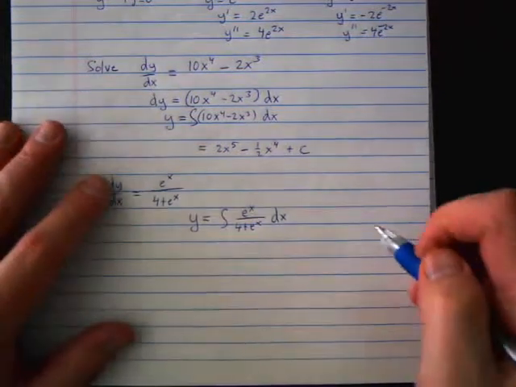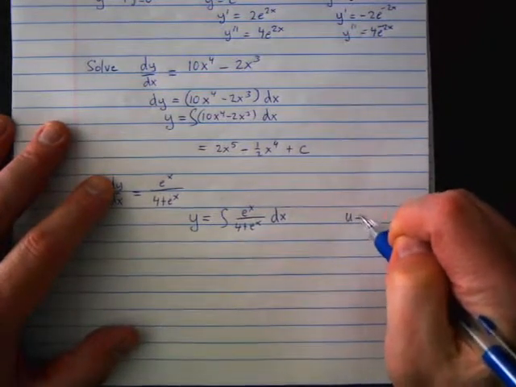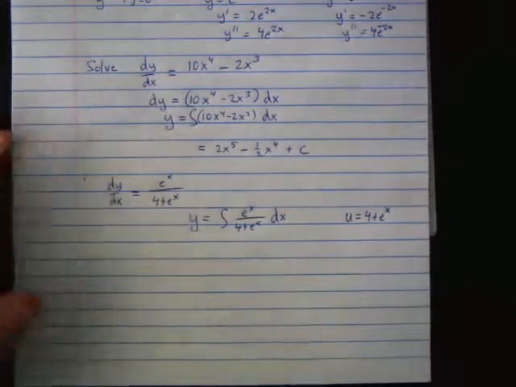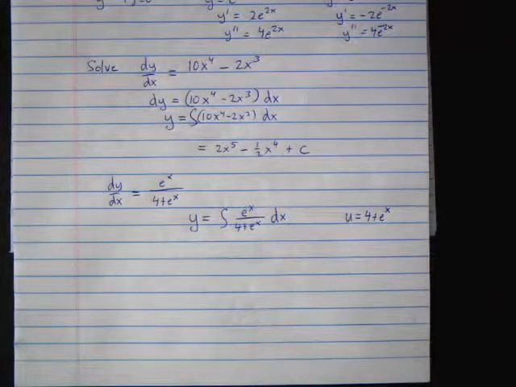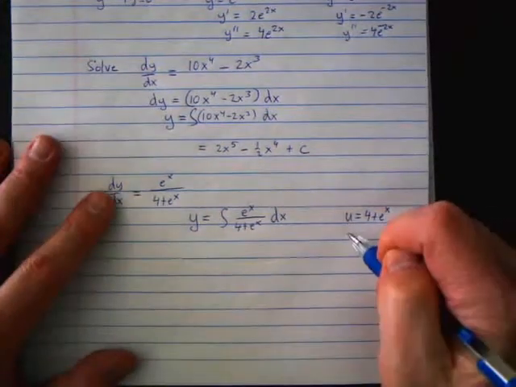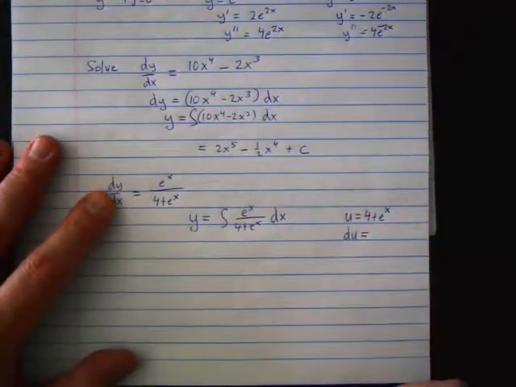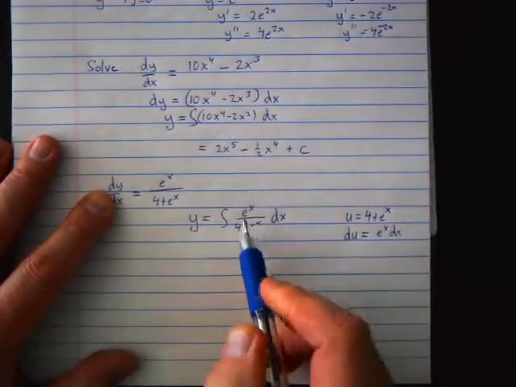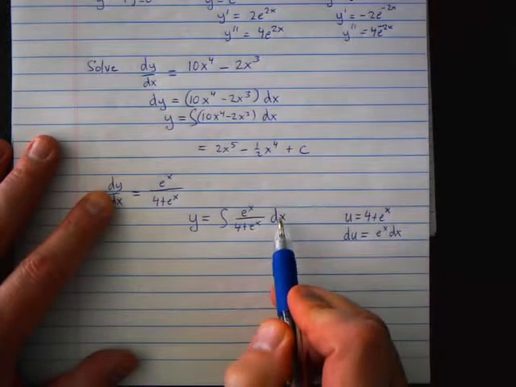Make u equal e to the x. Or, I mean, for the whole bottom. The whole bottom, I like that idea even a lot better. u equals e to the x would have helped, but u equals 4 plus e to the x helped a lot more. Because when I take du, what's the derivative of 4 plus e to the x? e to the x dx, which exactly matches our top, doesn't it?